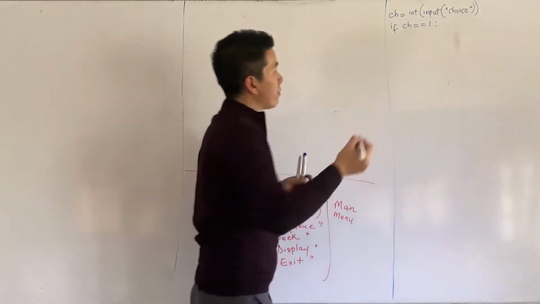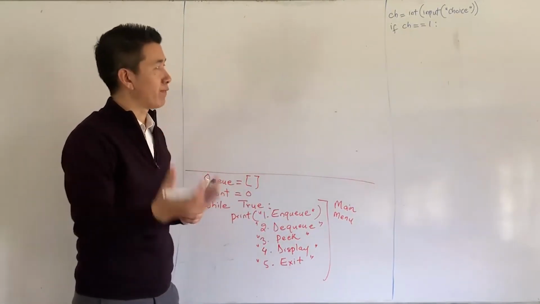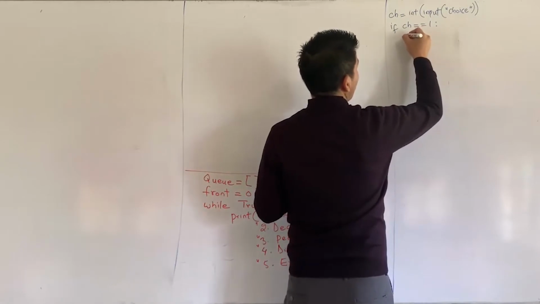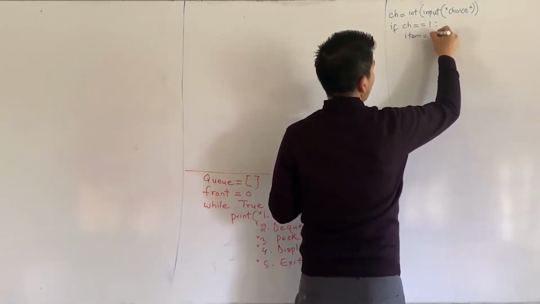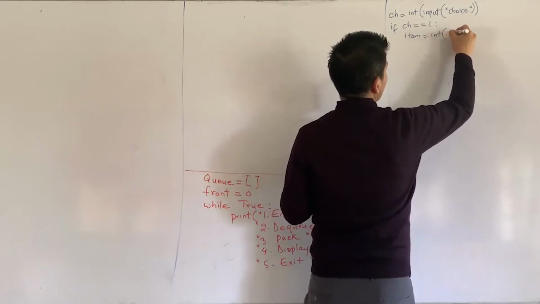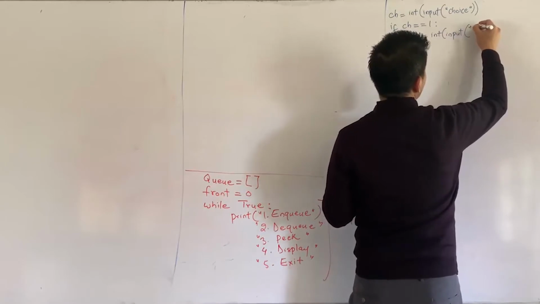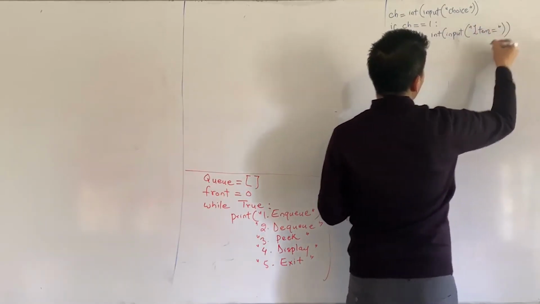But before I make the function call, I need to prompt the user to enter the value of item, right? So item is equal to int, you have input, and then I just write here item is equal to, alright?